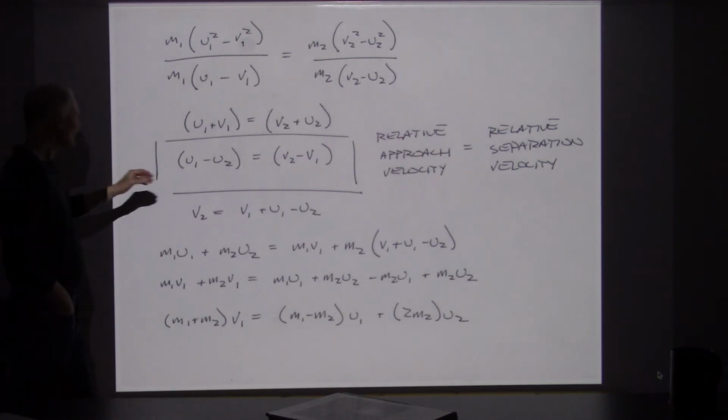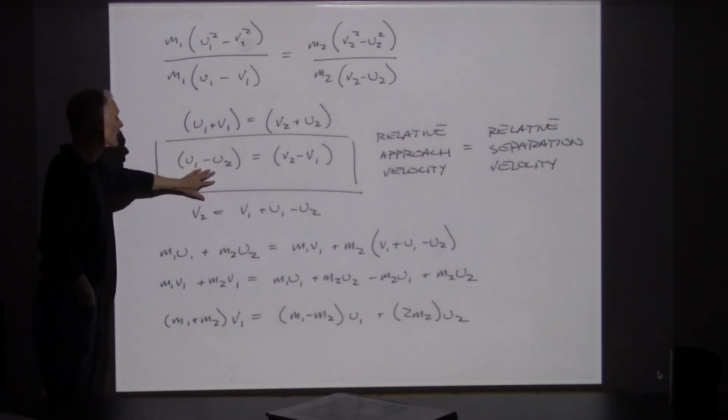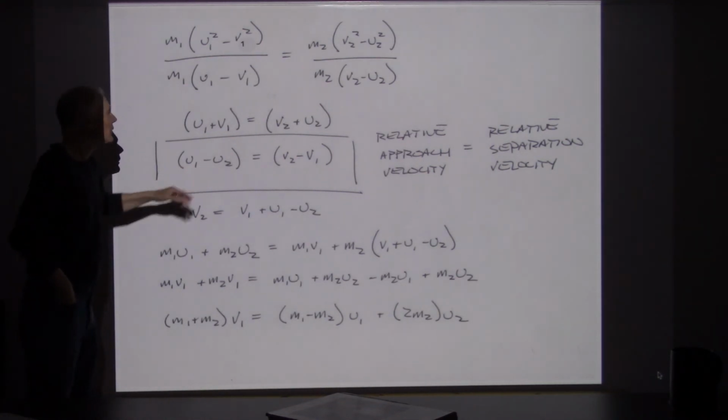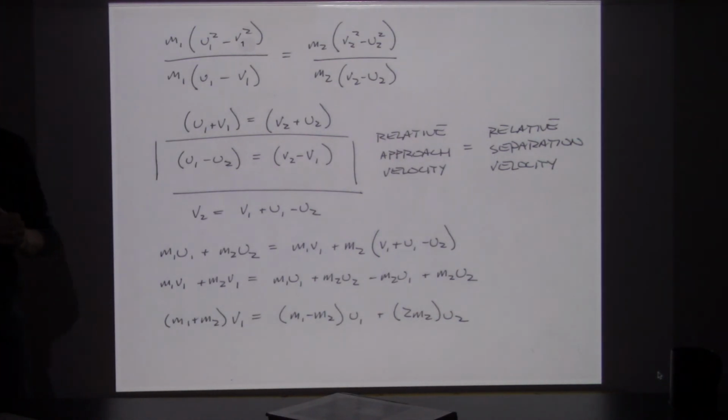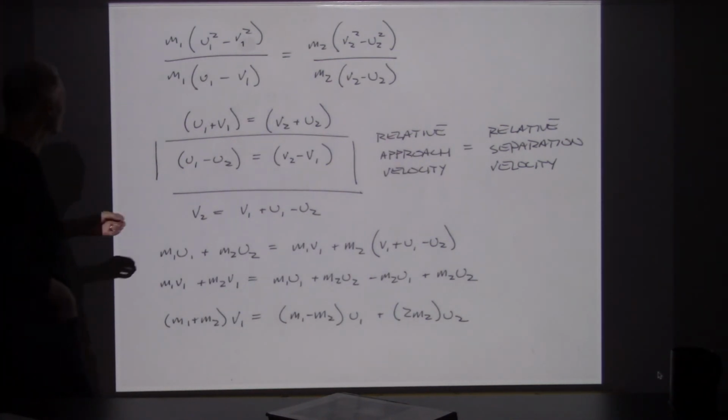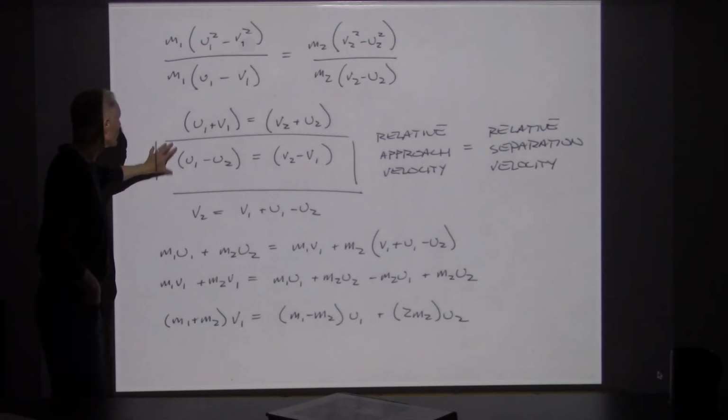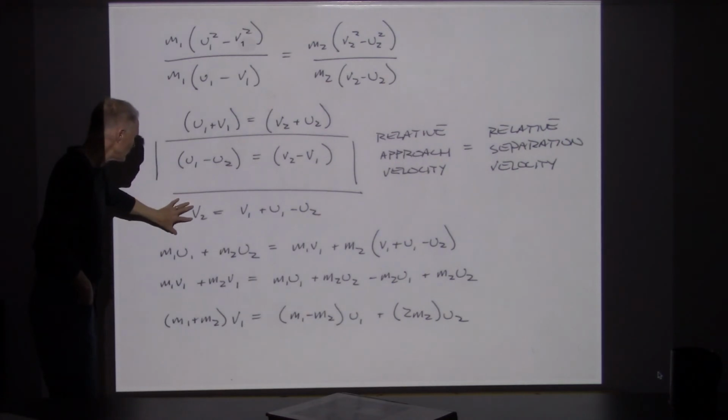Now, what else could we use with this formula? Essentially what we've done is we've eliminated the equation that had all the squares in it. All the squared quantities, the v squareds and the u squareds, are gone. And so now I have this equation, which incorporates the kinetic energy principles, and I can take that back to the original momentum conservation equation.